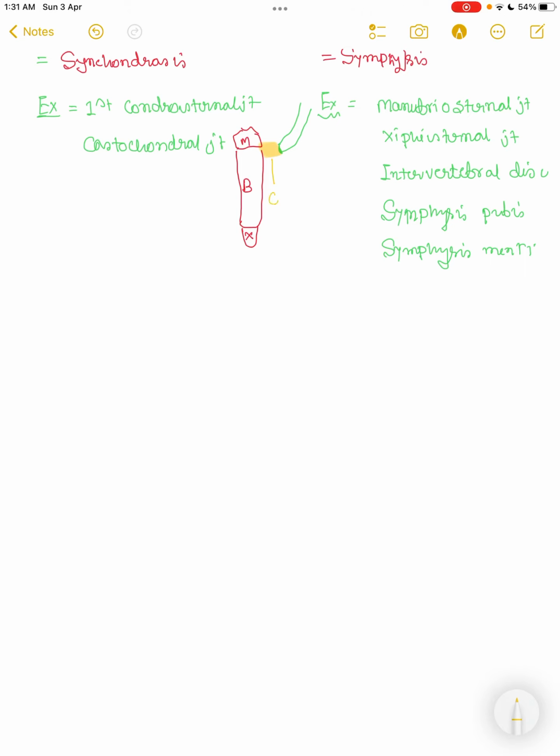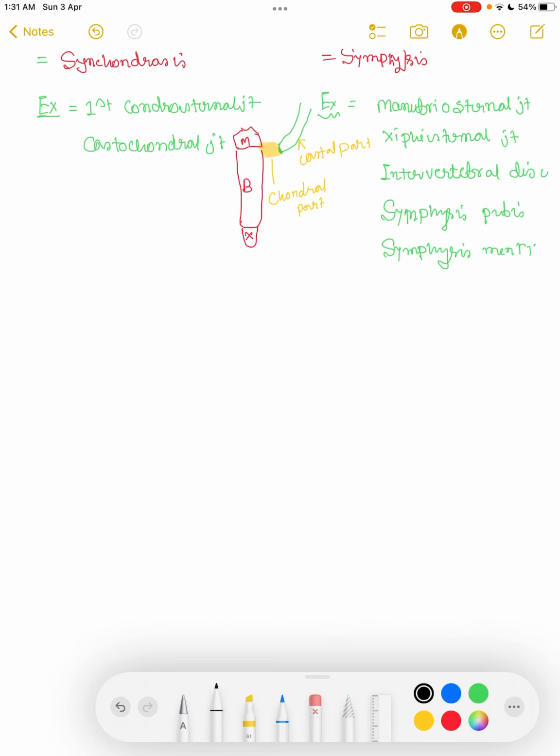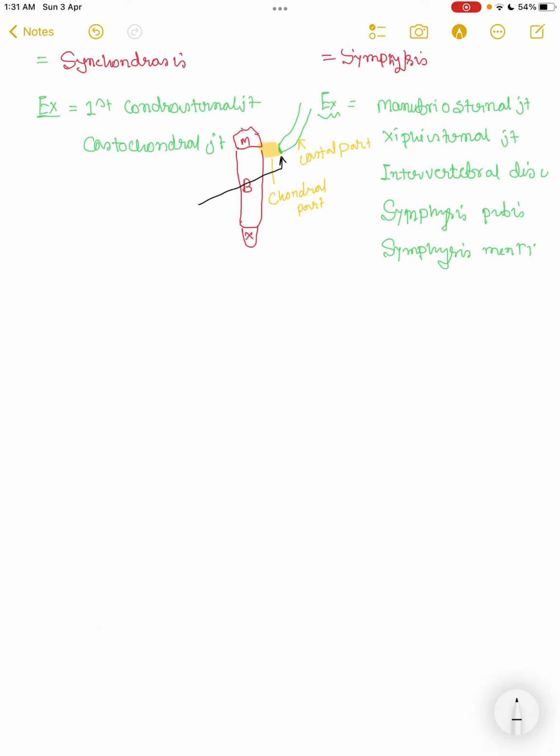This is the chondral part, and this is the costal part. So you can easily say this is the costochondral joint, and this is the sternocostal joint.